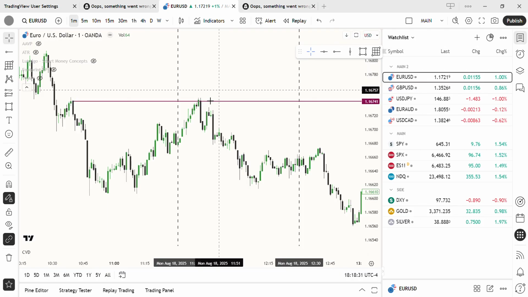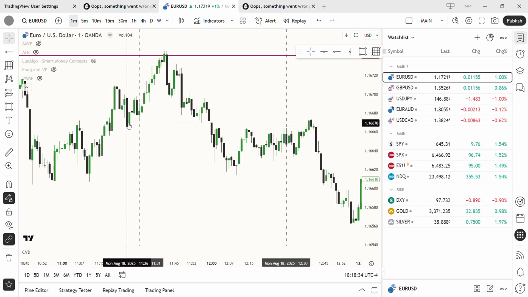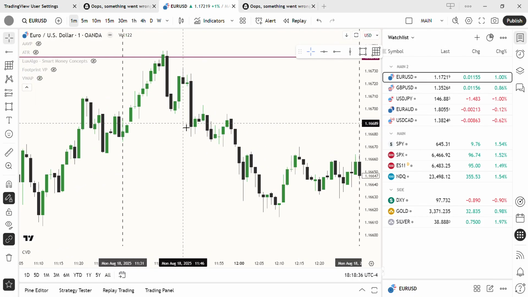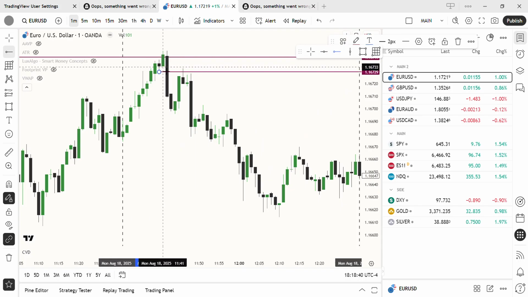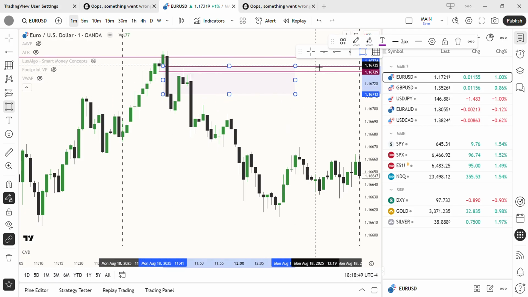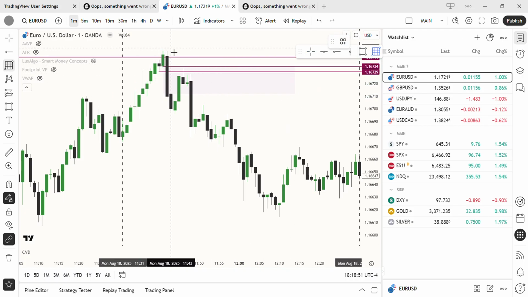What happens? Price comes up, tests this, liquidity is swept. This swing low, this order block. Oh my god, and look at that. This fair value gap though gets tested, retested. And equilibrium as well, huh?